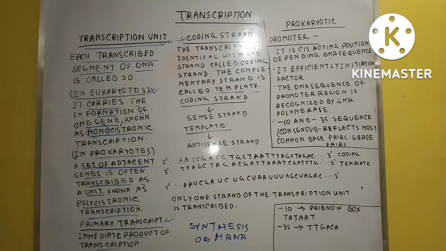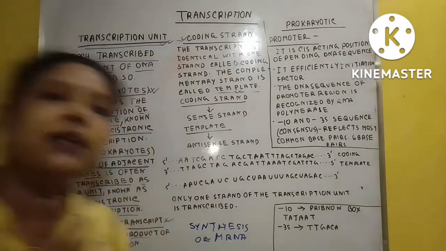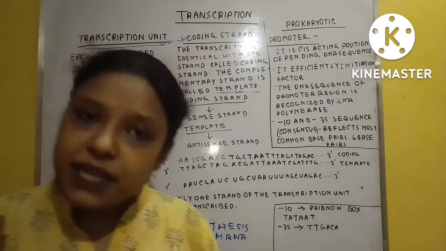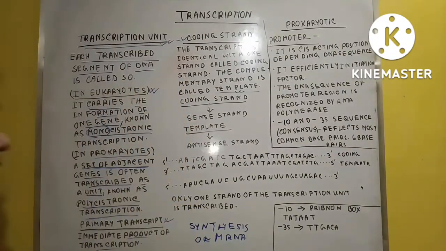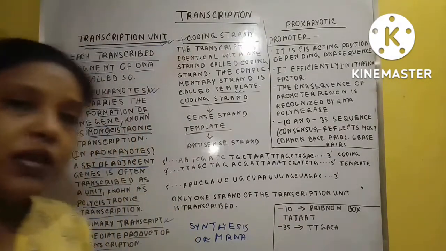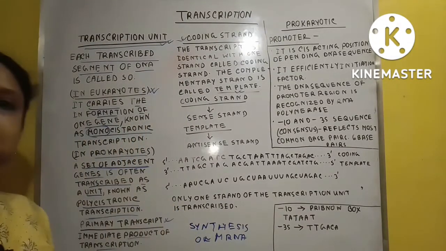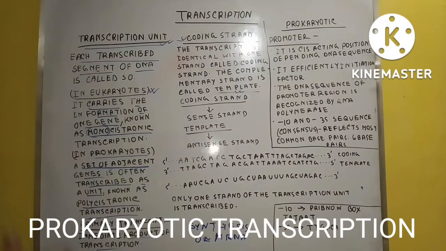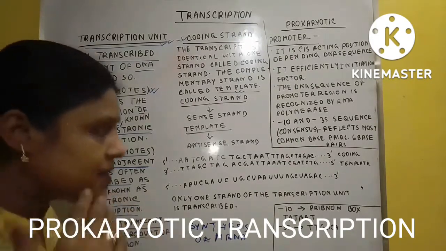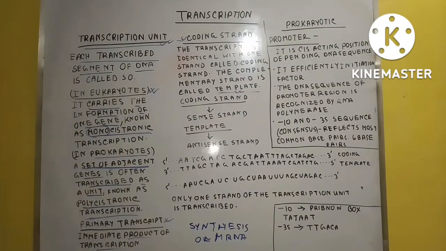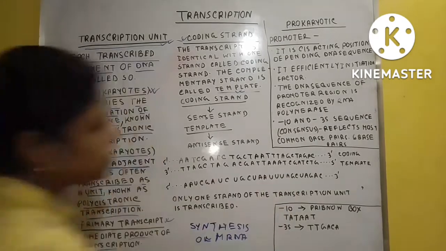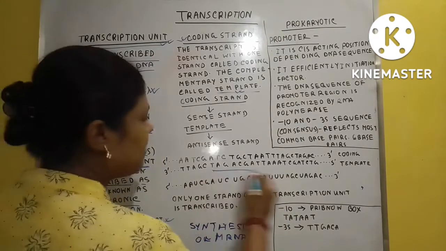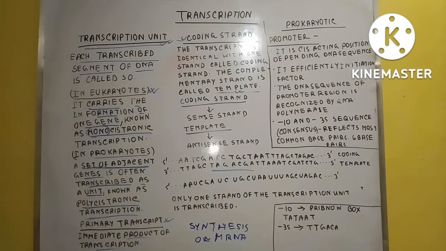And in case of DNA, we have seen that the two strands are very important for the synthesis of the DNA. But in case of the production of the mRNA, only one strand is sufficient. The strand that is responsible for the production of the mRNA is known as the template. You can see here, this is the template. And which one is the coding strand?